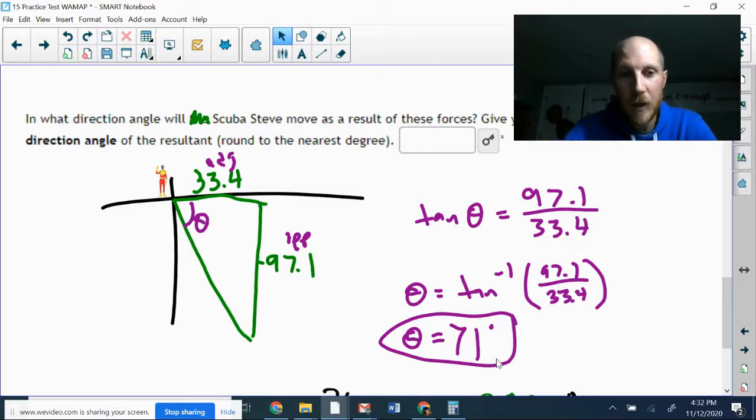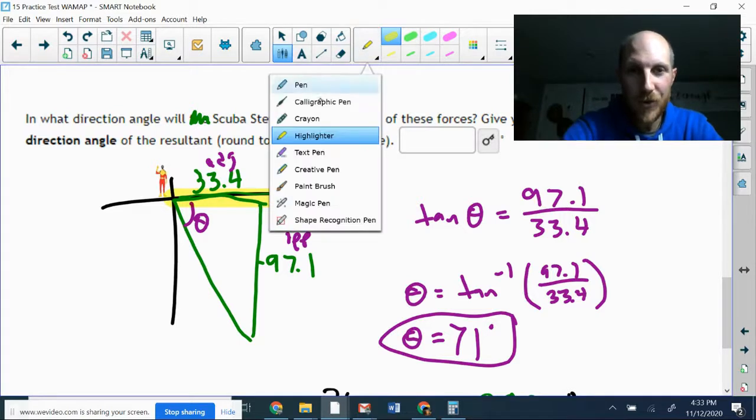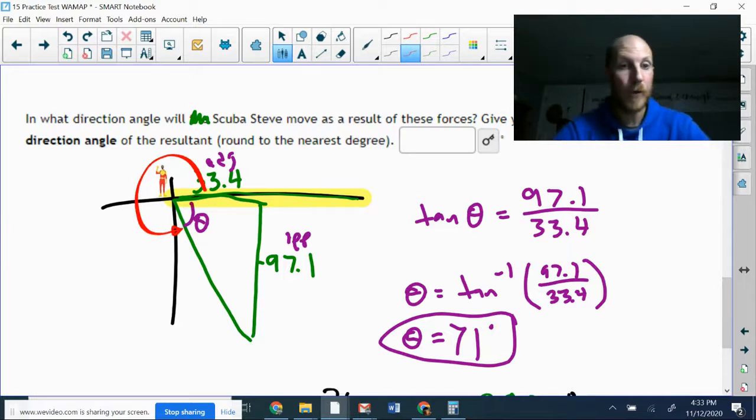Okay, so inside the triangle I have drawn here, that little theta right there is 71 degrees. Okay, so direction angle. I know the direction angle is measured from the positive side of the x-axis. I'll highlight that. And the rotation direction is going to go counterclockwise, right?